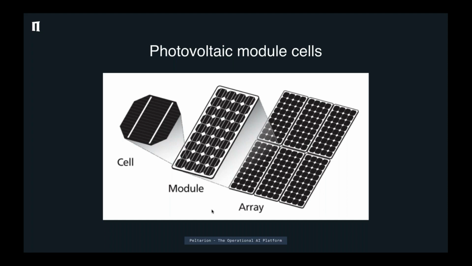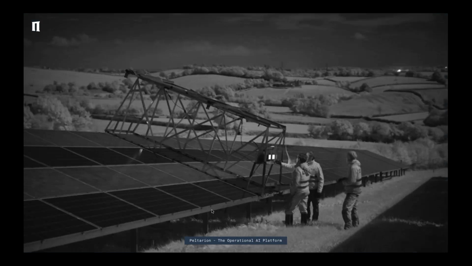So the largest solar power plant has 2.5 million of these modules. And it goes without saying that even if you have nice monitoring equipment, you cannot really do this manually. You would like to have an automated way to do this if you want to be able to do predictive maintenance.